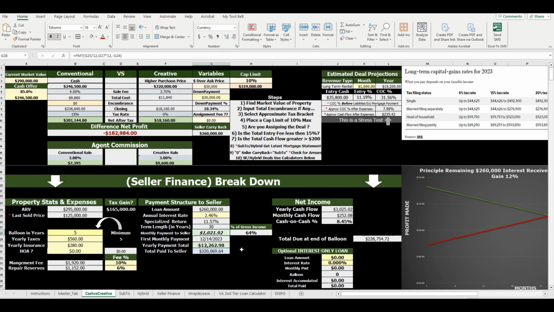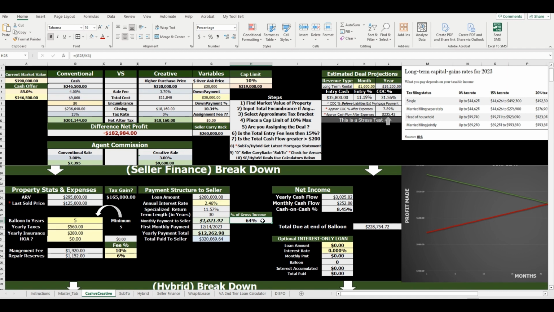And these are also numbers that you could share with the seller should they ask. Now, the monthly payment to the seller is going to be $1,000. A $1,000 a month payment to the seller is quite a lot. Based off of our gross income, you are giving the seller almost 65% of the gross income that you are receiving off of that rental, going straight to the seller's pocket. So 60% is actually a lot.